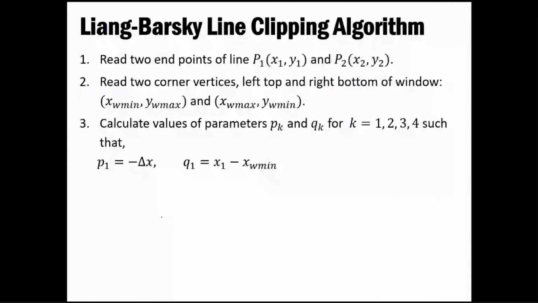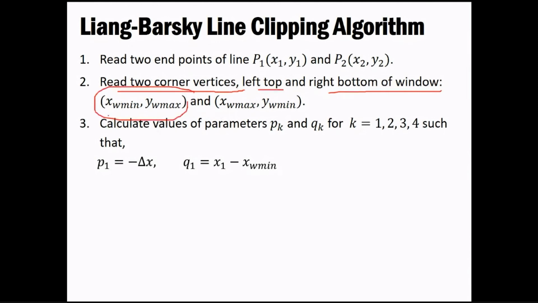Okay, now you'll be like confused कि sir ये like viewport के coordinates or window coordinates कैसे use करना है. So now over here we have one algorithm that uses this thing. Okay, what it says is, let read two endpoints of line p1 and p2, read the two corner vertices, that is left top and right bottom of the window, that are given to you. Okay, so that is over here. Now see this thing, that is xw min and yw max, and similarly xw max and yw min.